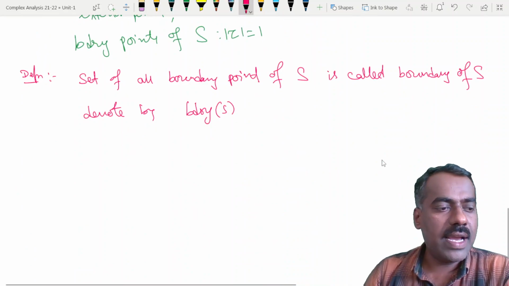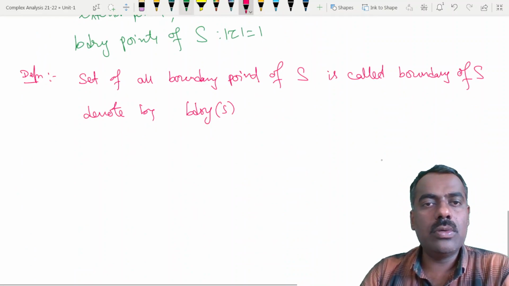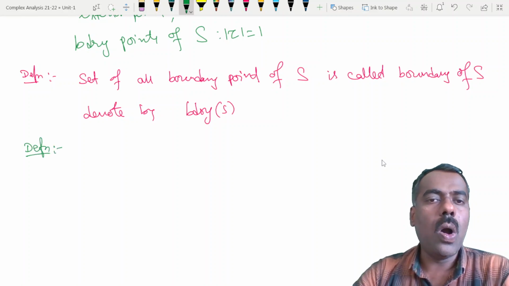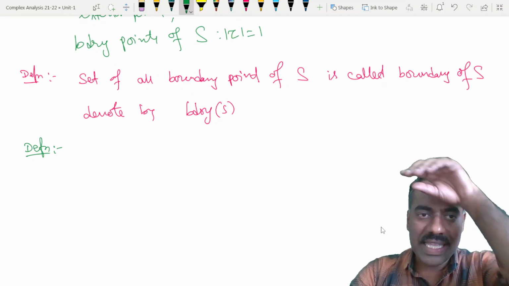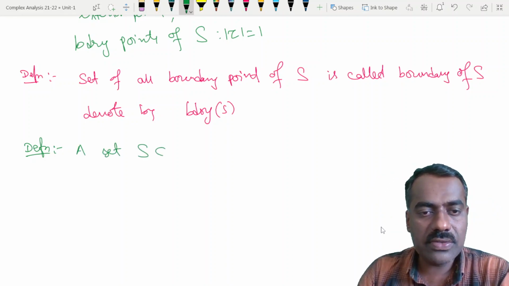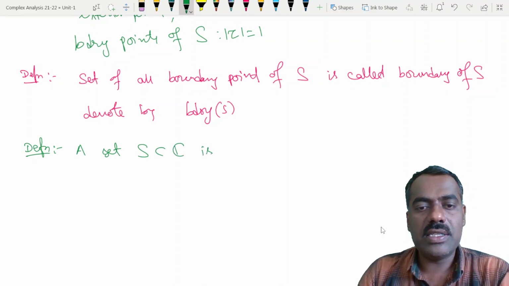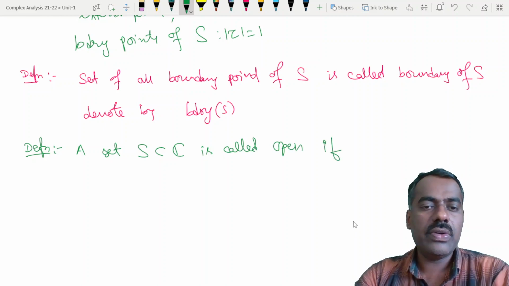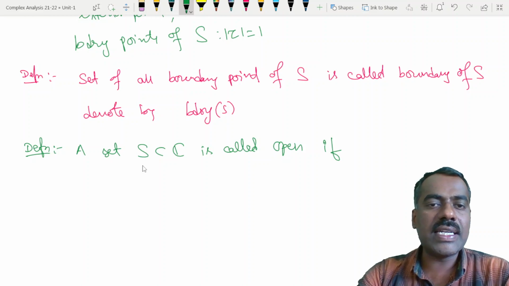Fine. Now using these boundary points, we'll define what is meant by an open set. Okay. So we say that a set S, which is a subset of C, is called open if this S does not contain any of its boundary points.